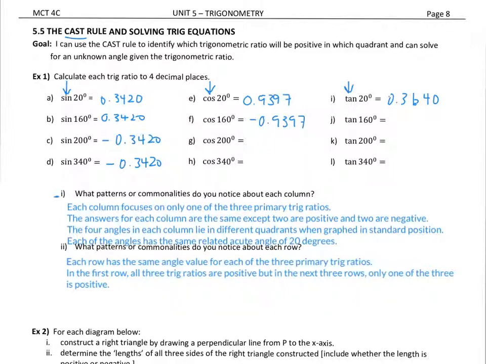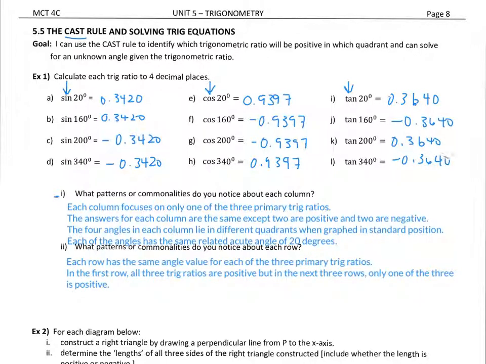This one should be a negative, but the last one on this column will be positive. And then for tan, the first one was positive, the middle one was positive here, and the other 2 were negative. We'll talk about why that is in a moment.